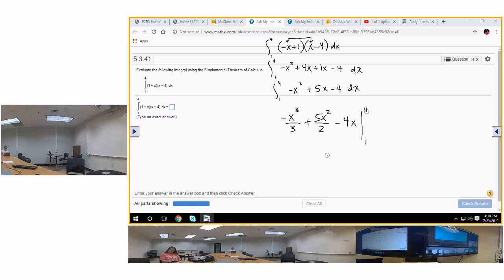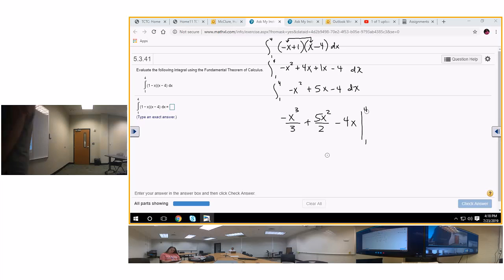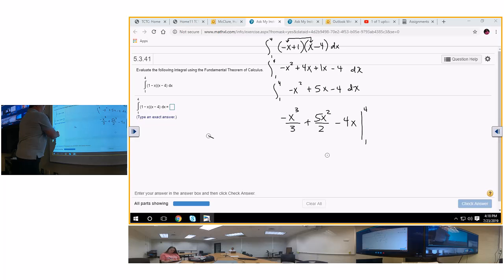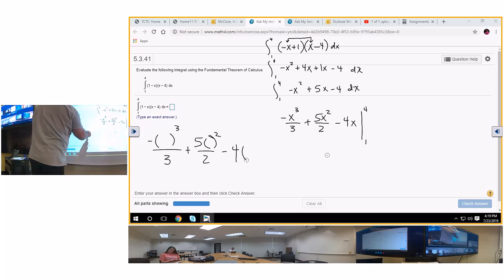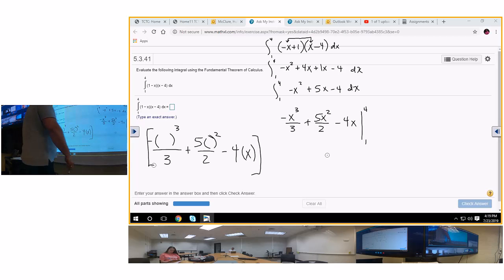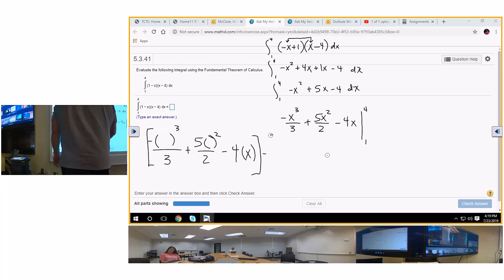So I'm going to go back to Hubert's methods when he was a student that I use today, and I've got 3 degrees, and I still use it. Over 3 plus 5 parentheses squared over 2 minus 4 times parentheses, minus brackets, same thing.